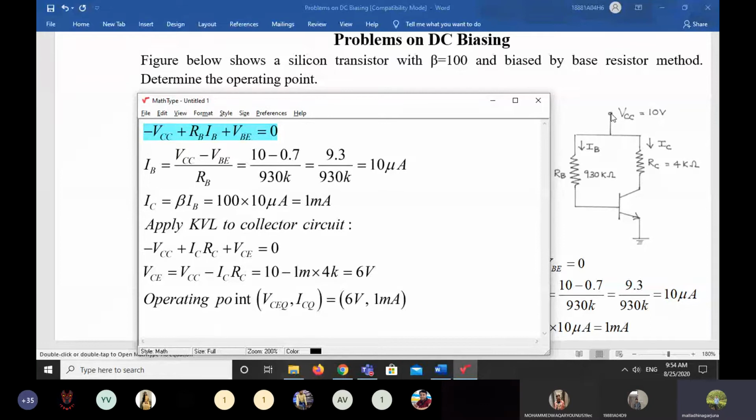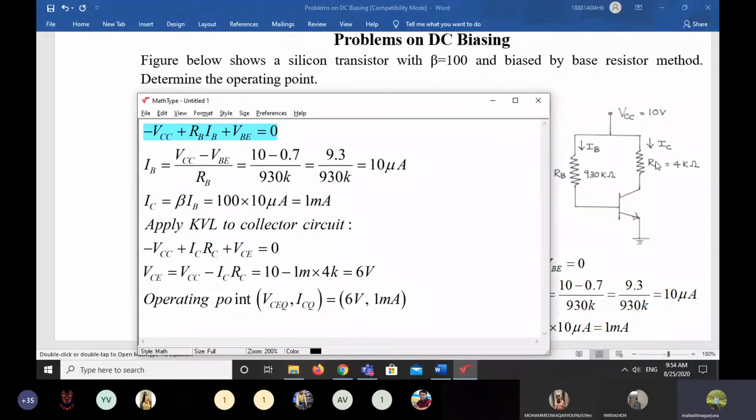The base resistor is nothing but the input resistor, so we consider it the input loop, and RC is the output resistor, that is the output path. If you consider IC passing through RC, we should not take the input; we take only the output path.